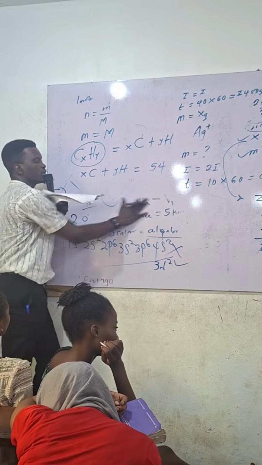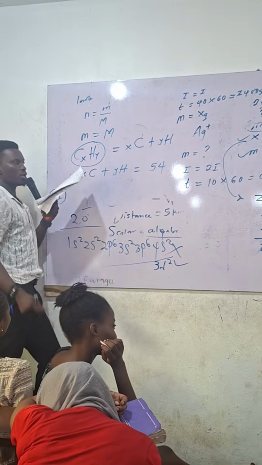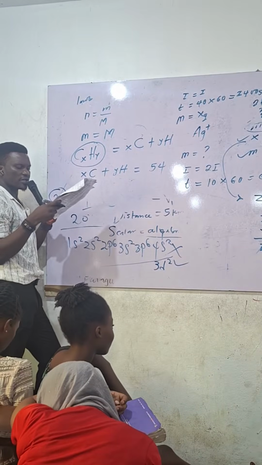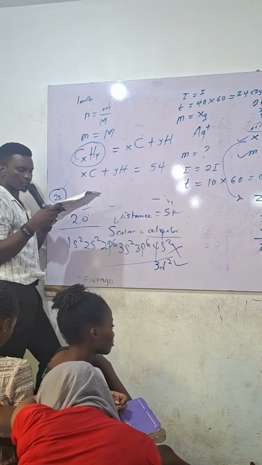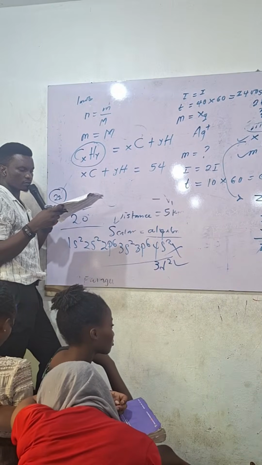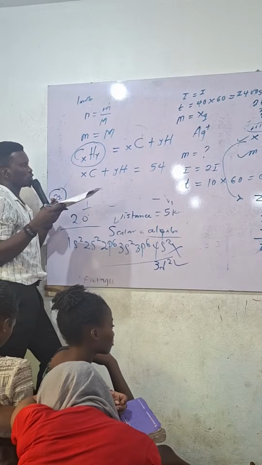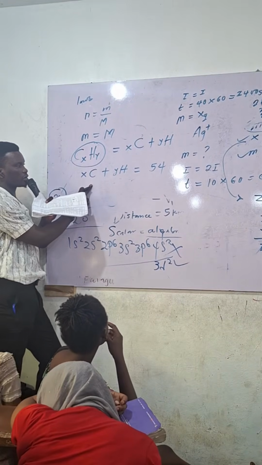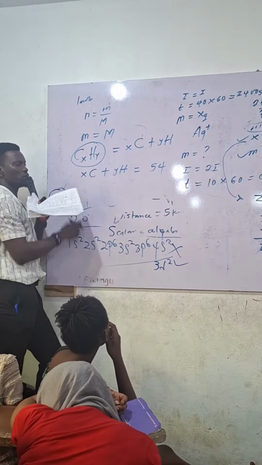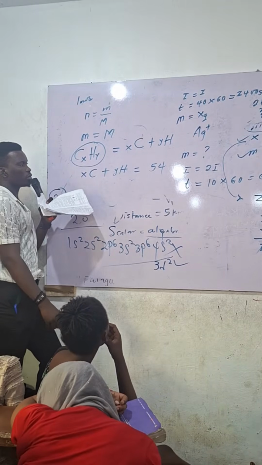But now, you are given something. They said 6 grams of hydrogen. That means that C is 12. I want to see if I can calculate the number of them.